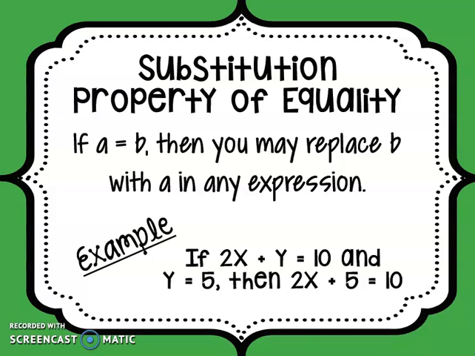Someone comes out, the other person goes right back in that position. As long as A equals B, then B can go in place of A at any spot in that expression. At the bottom, if 2x plus y equals 10, and you know that y is 5, then 2x plus 5 equals 10. So substitution property of equality.